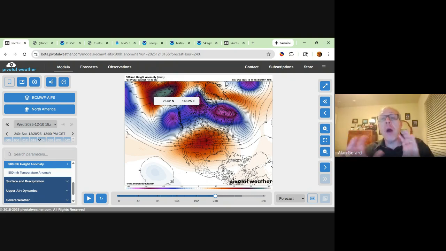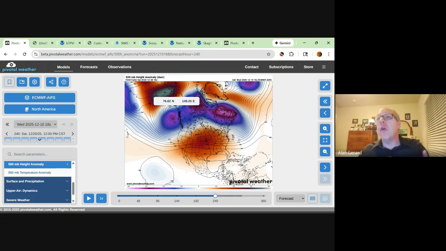The reason I want to show this is because these two features, the one off of Alaska and the one in the west, are very persistent. There's been some version of this for several days now, and it looks like this is going to go on for a number of days.